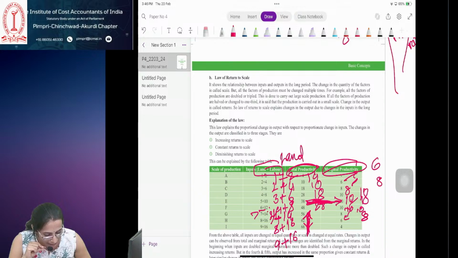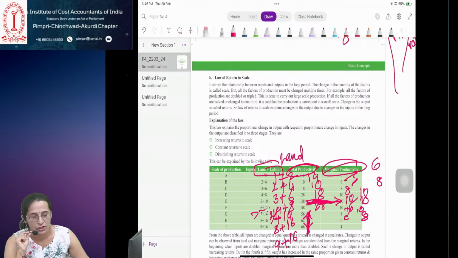But all factors of production must be changed multiple times. For example, all factors of production are doubled or tripled. This is done to carry out large scale production. In the long run, we will be producing on a large scale, right? That is logical. In short run, we cannot produce on a large scale, right?